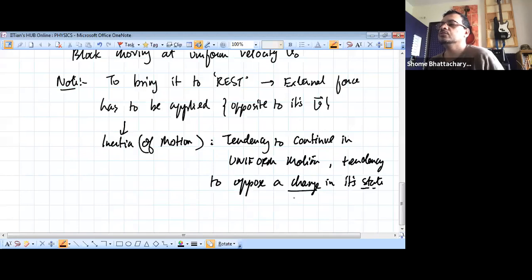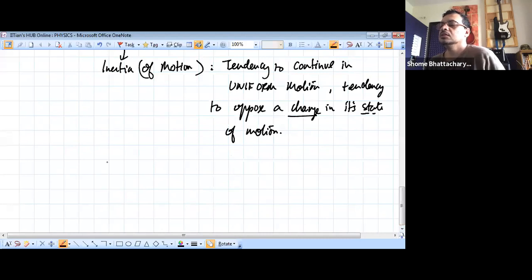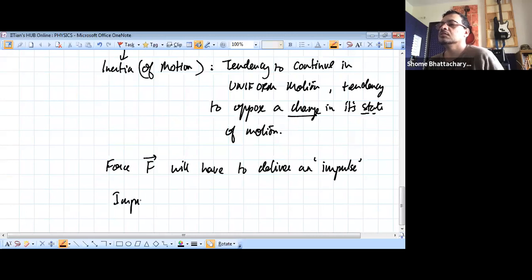It tries to oppose any change in its state of motion. In fact, we'll see over here that the force F will have to deliver an impulse. Impulse is nothing but force multiplied by time, so that will be F into some time delta t, which will be equal to the change in its momentum.